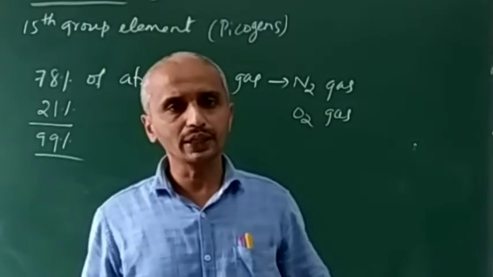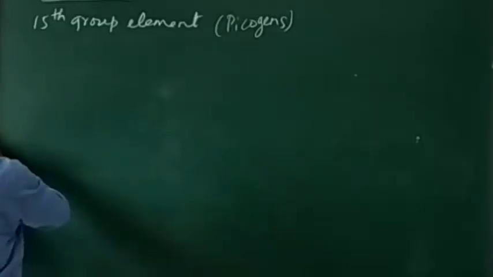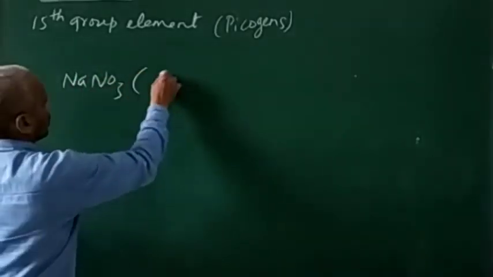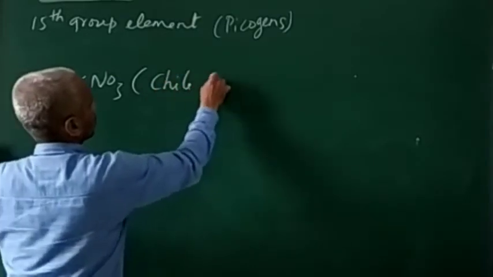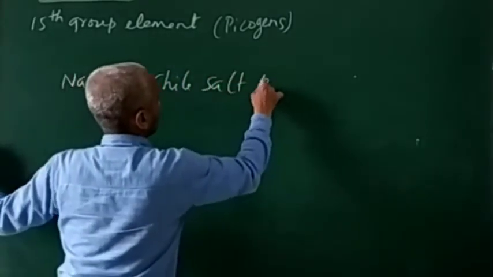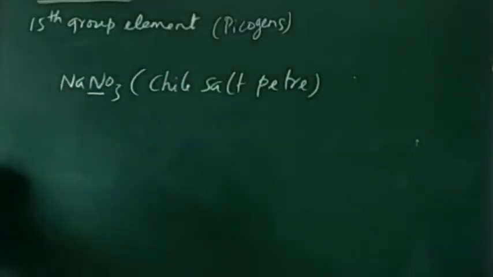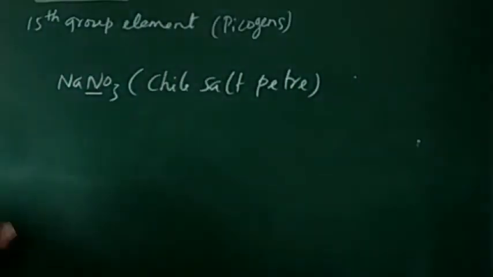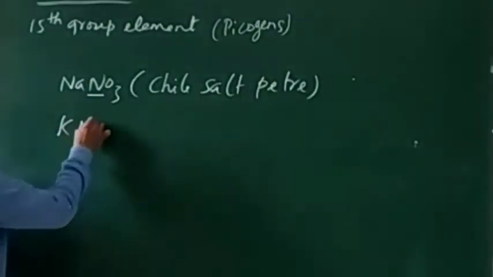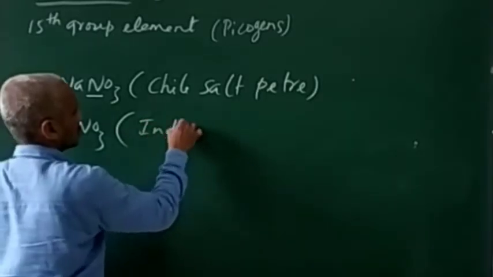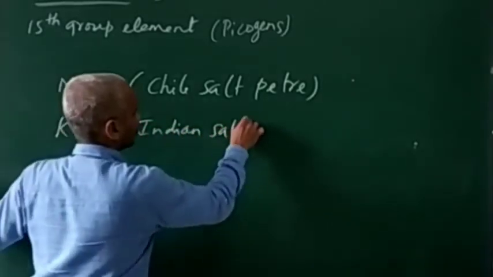Plants also contain that nitrogen. NaNO3, which is Chile saltpeter. Again there is nitrogen. Then potassium nitrate, called Indian saltpeter.